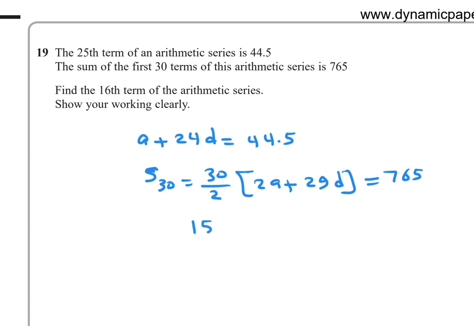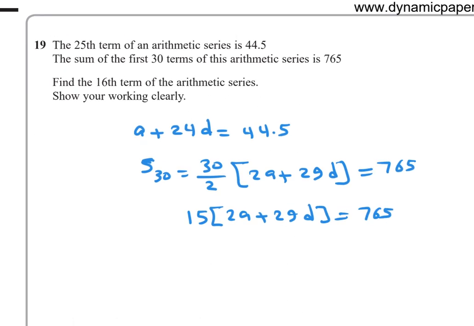So now 15 times (2a plus 29d) equals 765. Transpose 15 to the other side by division. So you are left with 2a plus 29d equals 765 divided by 15 equals 51.